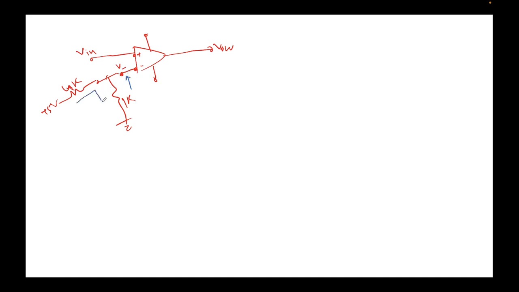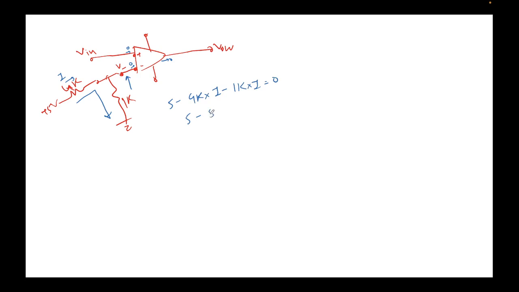We apply KVL in this loop. Remember, there's no current flowing into the inputs or the output, so I can simply apply KVL here. Let's assume the current is I. 5 minus 4k times I minus 1k times I equals 0.